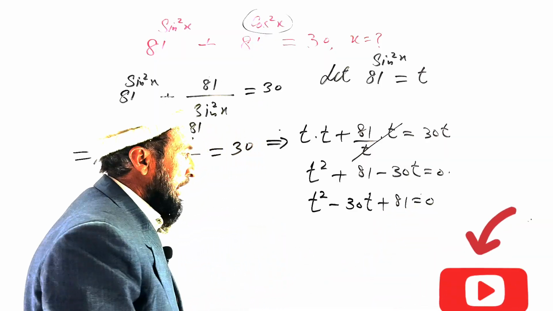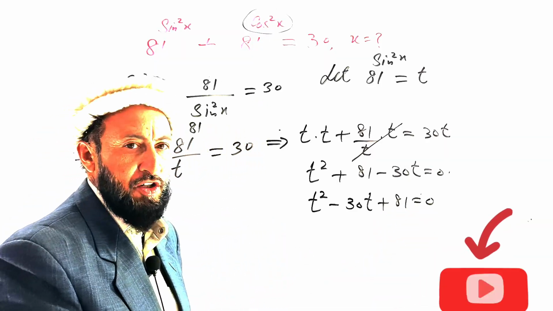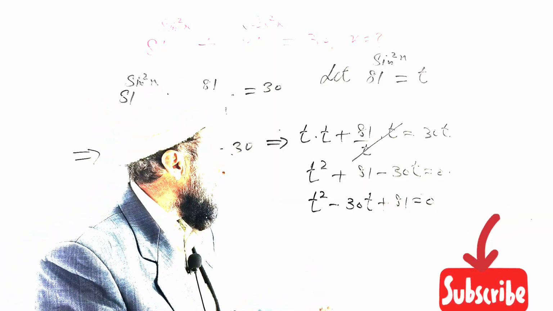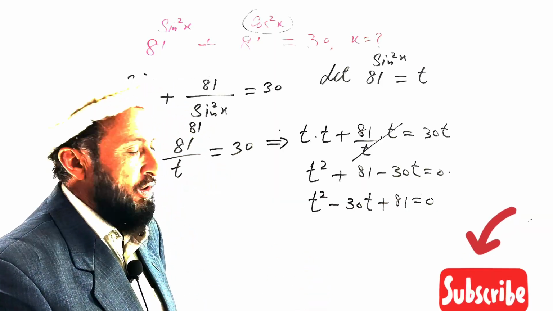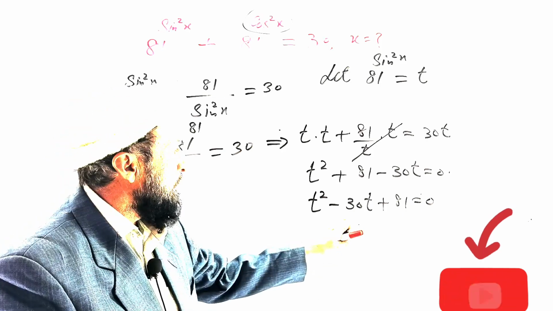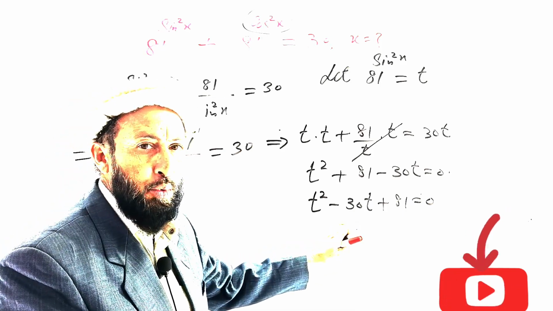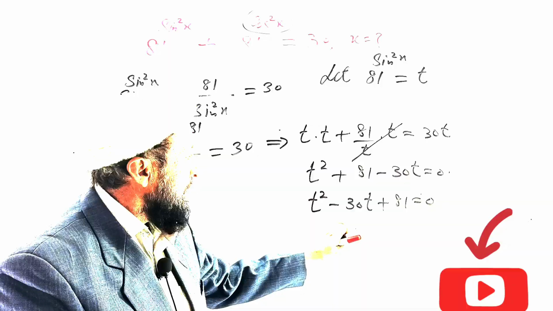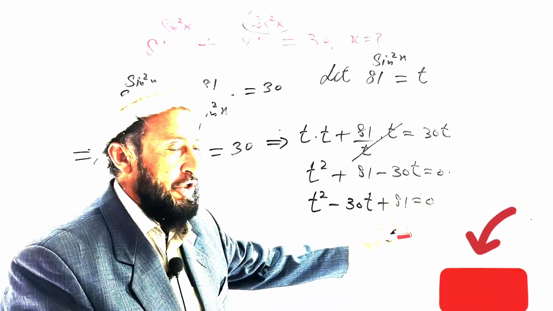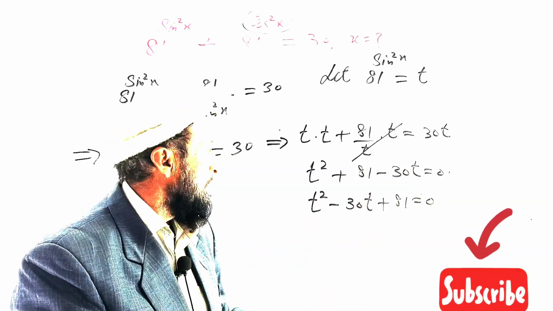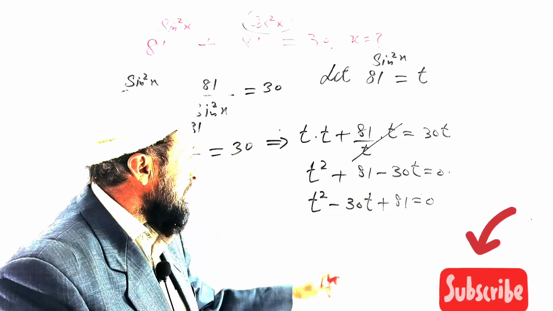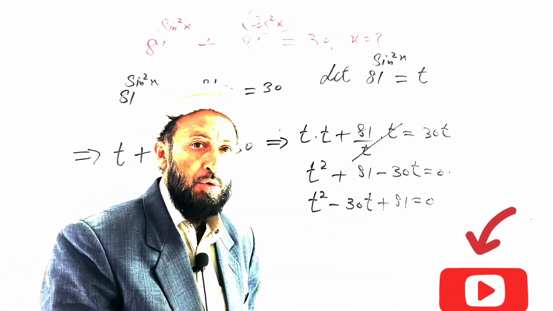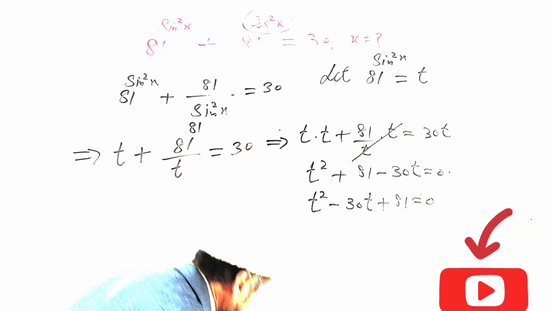Now we can solve by the factorization method, the completing square method, or the quadratic formula, but here we use factorization. For the middle term, we try to find two factors of 81 whose sum is 30. So minus 3 and minus 27 give minus 30, and when multiplied, the answer is 81.